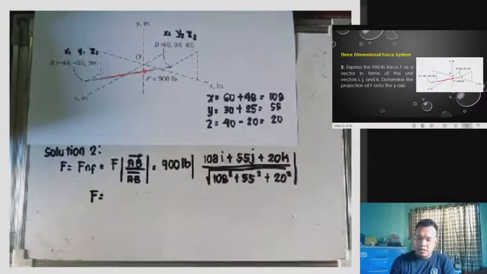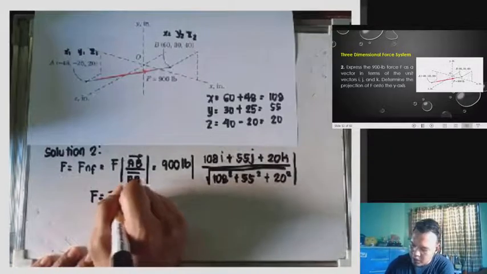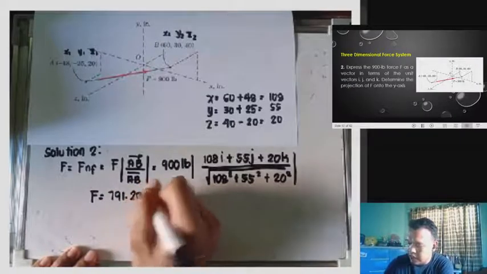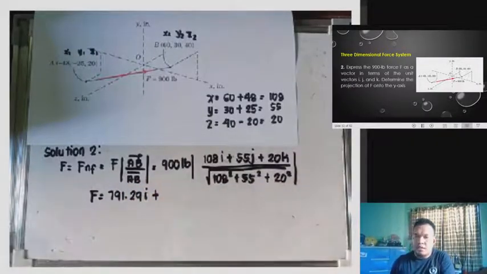900, unahin ko muna yung 108, 900 times 108 all over the square root of 108 squared plus 55 squared plus 20 squared. So, we have here 791.29 I plus 55.